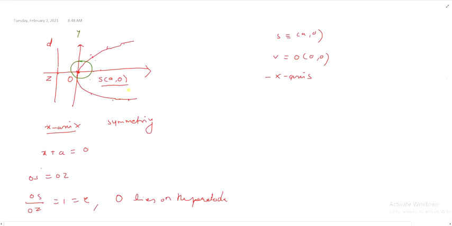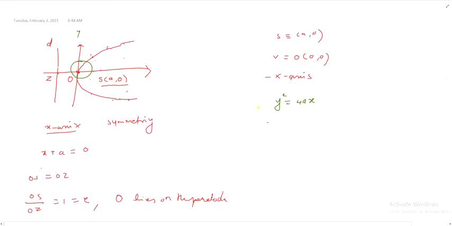But it is an open-ended curve, and it can be extended to infinity, because here the equation of the parabola is y square equal to 4ax. So, as x takes an infinite number of values, y also tends to infinity, isn't it? Therefore, this curve can be extended to infinity to the right side of the y-axis, because it is an open-ended curve. So, this is about the extension of the parabola.